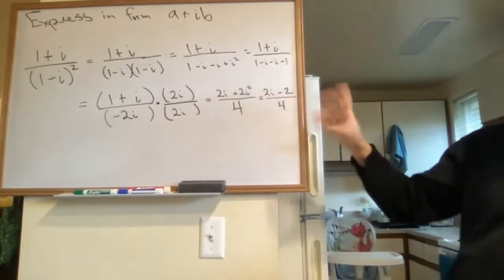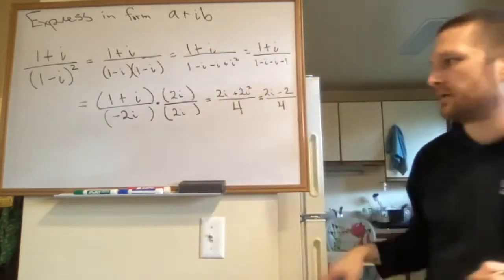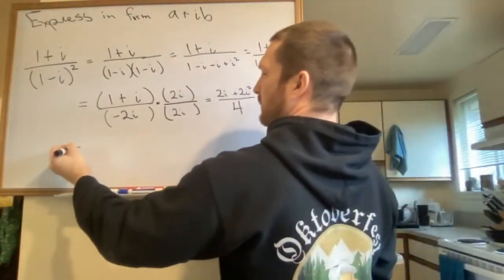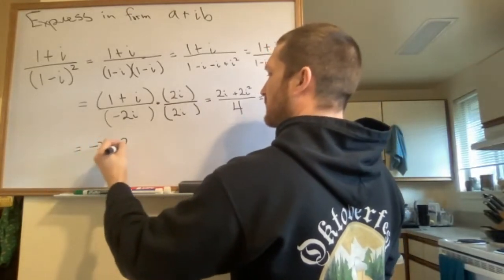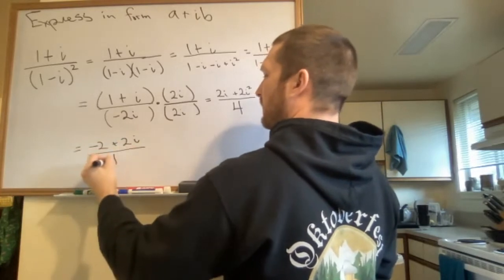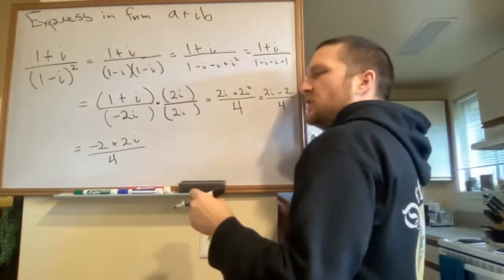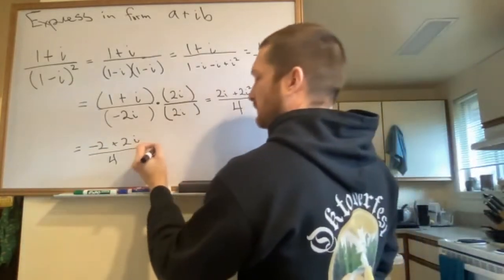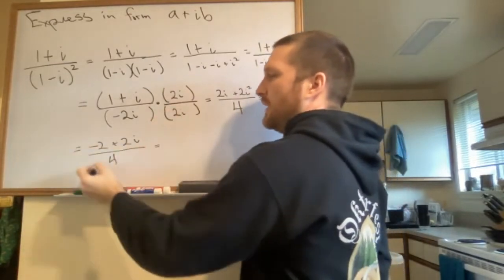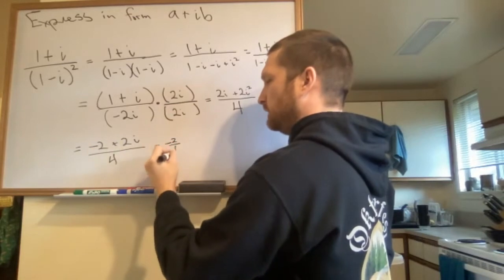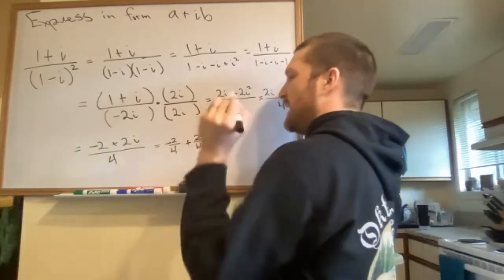Okay. It's almost in the correct form. It's just we usually write our i's in the second place. So I'm going to go ahead and do this. How about negative 2 plus 2i all over 4. Almost there. We just need to split up the denominator. So this splits up into, how about negative 2 over 4 plus 2 over 4 times i.